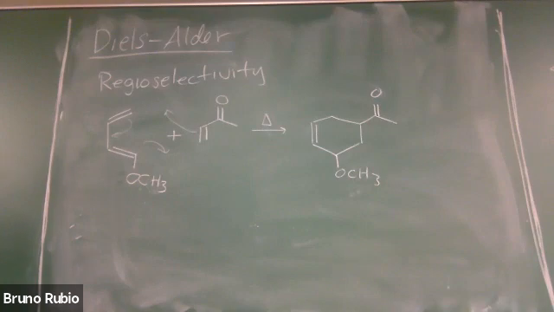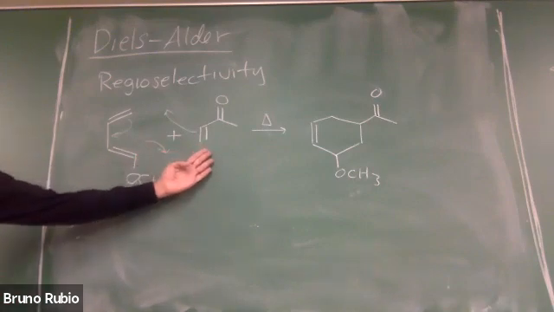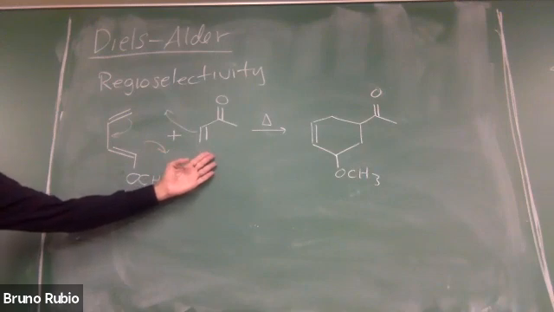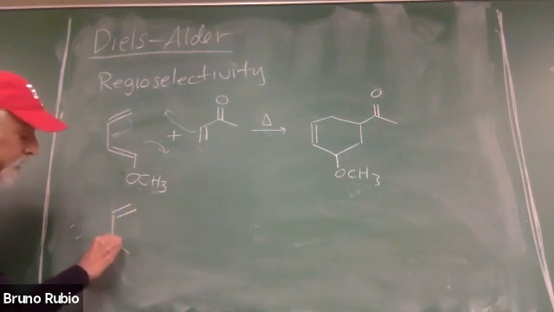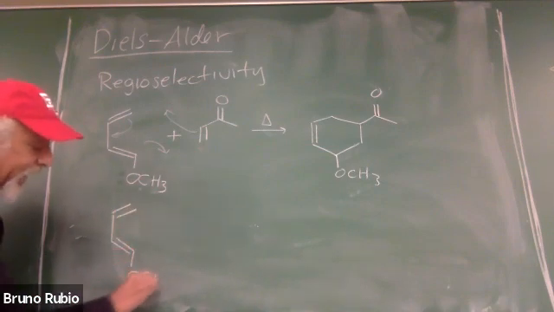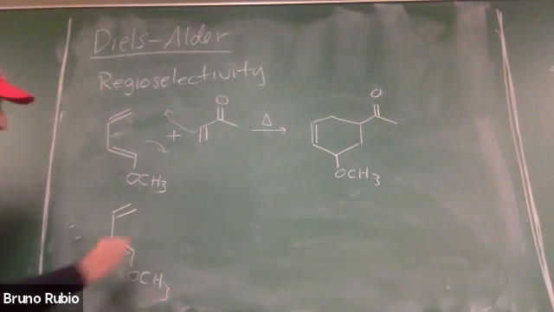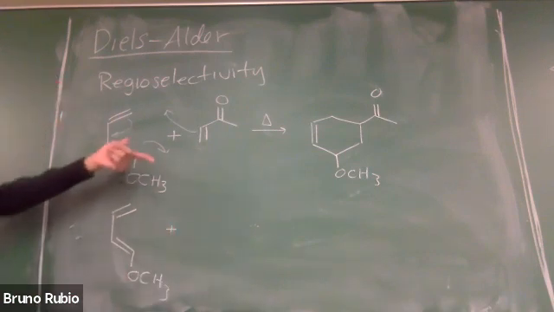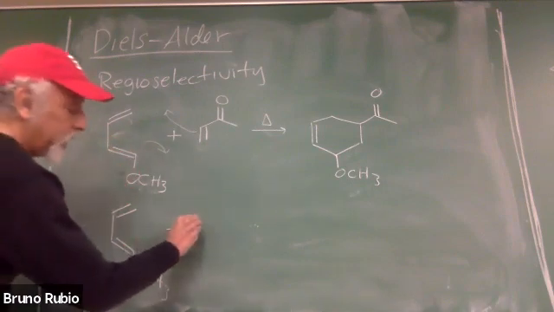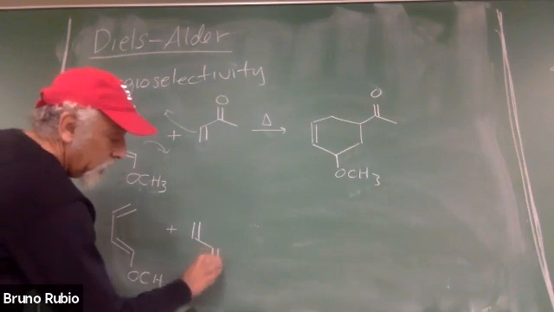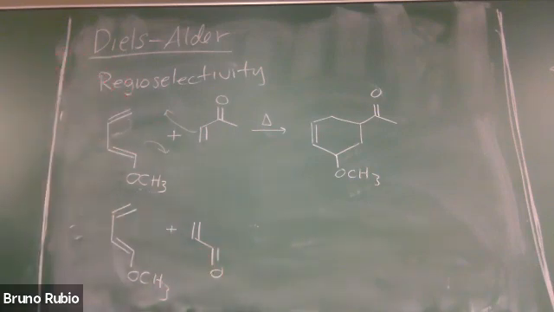But what we have to consider is that this is not the only orientation that can be adopted by the dienophile, because I can draw the very same diene, but this time I'm going to flip the dienophile into an opposite orientation so that it looks like that.